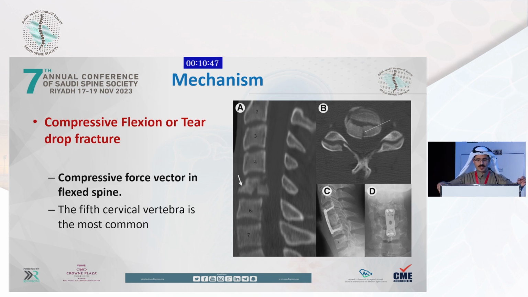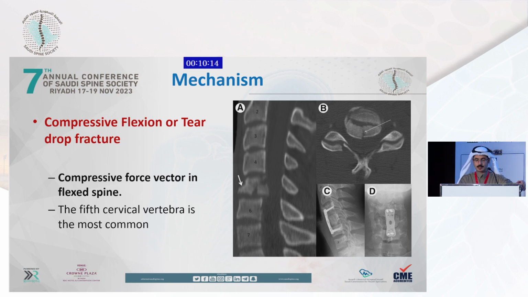What is the mechanism of action for the teardrop fracture, or as we call it, the compressive flexion injury? It is basically a compressive force vector in a flexed spine. If that force is excessive and extensive, it can cause further force anteriorly and posteriorly, where it will split the vertebral body, and the anterior inferior corner will go anteriorly while the posterior inferior corner will protrude into the spinal canal.